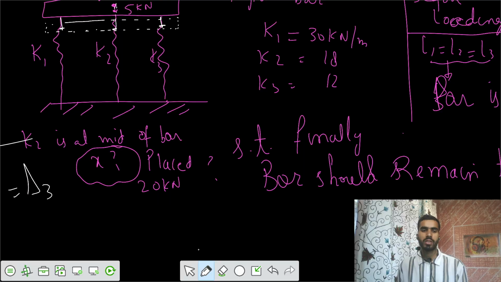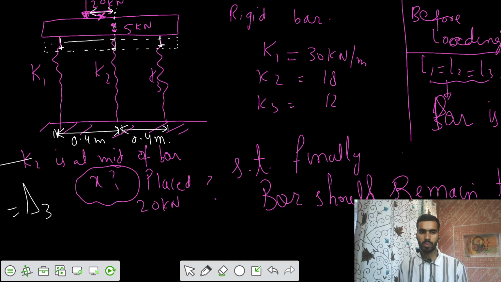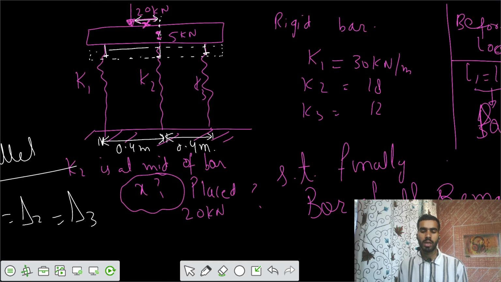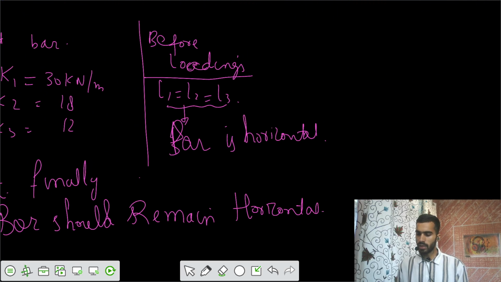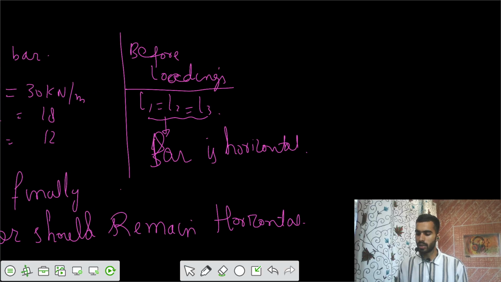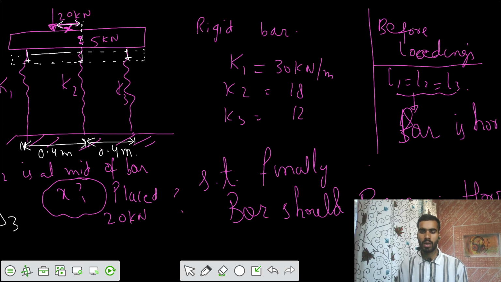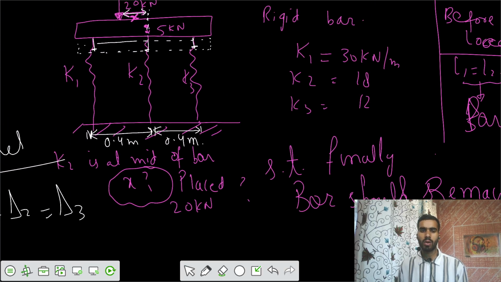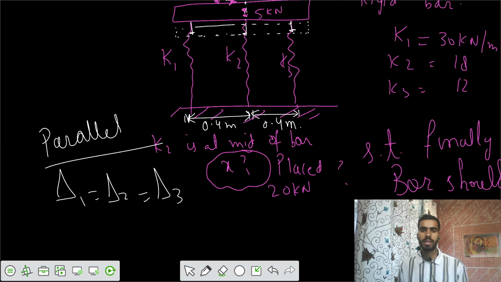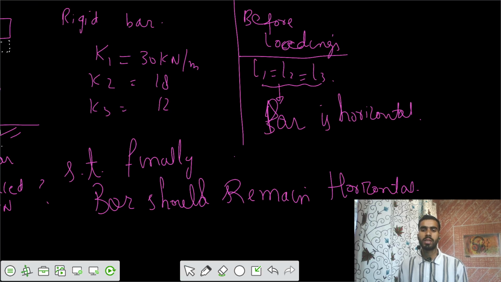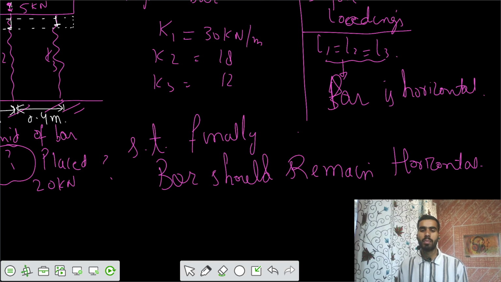And we have the dimensions: the spacing between these bars is 0.4 meter, and this one is also 0.4 meter. Is any other data needed? Based on this, this is a parallel configuration, and delta would be the same, because it's mentioned that the bar should remain horizontal.